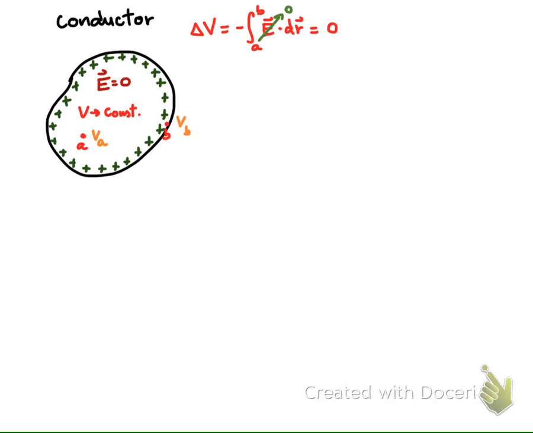From this, we have that the potential inside the conductor is equal to V at the surface.